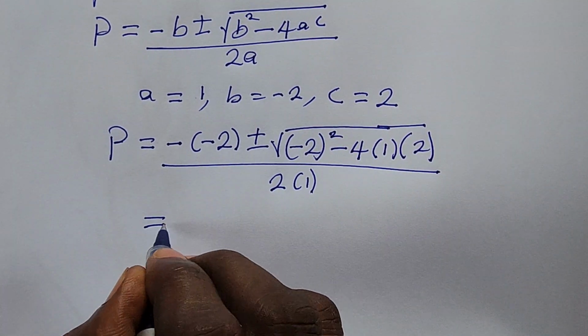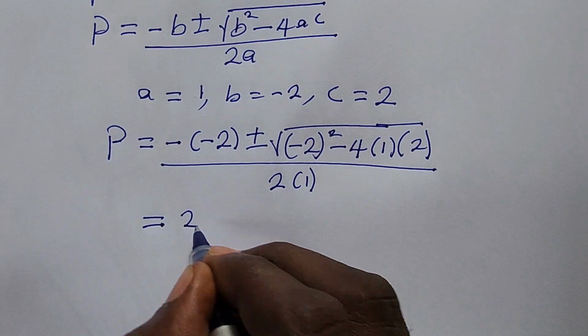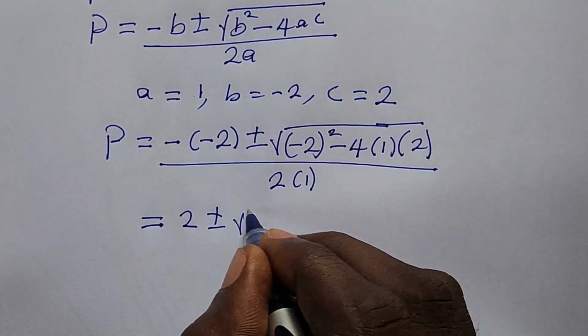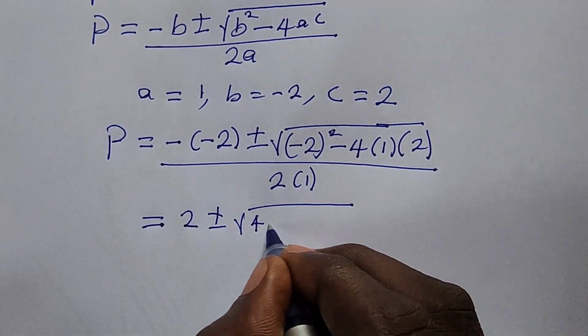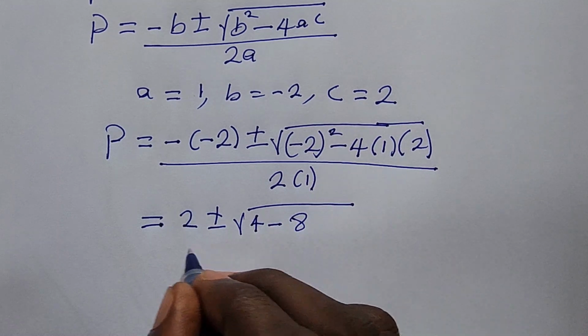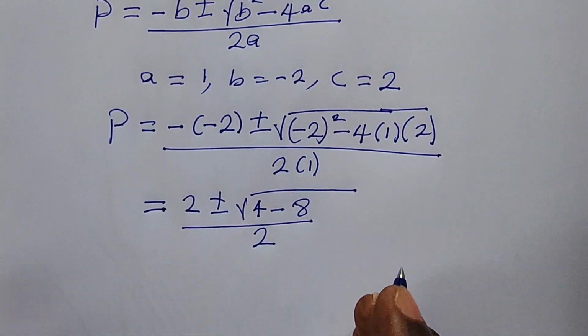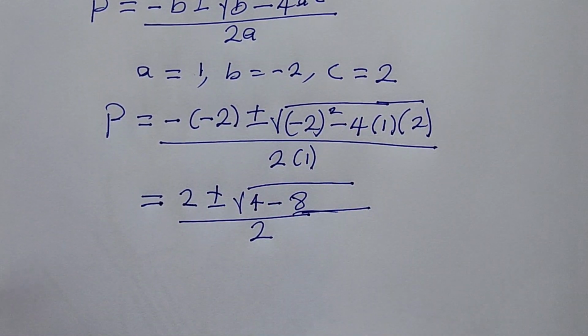So this will now give us positive 2 plus minus the square root of 4 minus 8 all over 2.